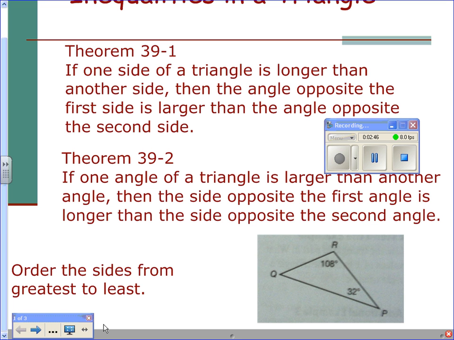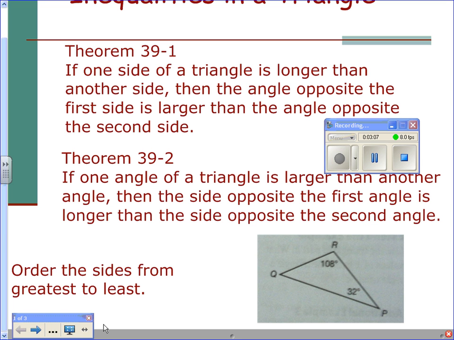They want you to order the sides from greatest to least. Do we have all of the angle measurements? Could we find all of the angle measurements? How? 180 minus the other two would give you angle Q. Okay?